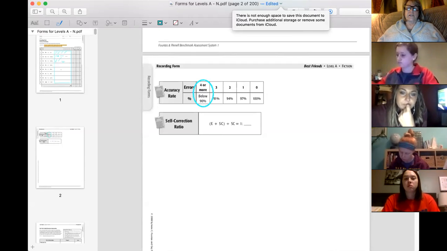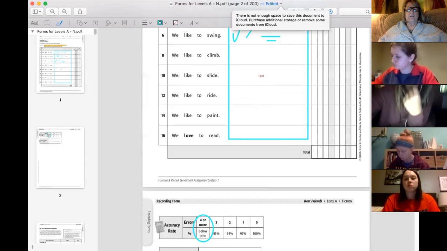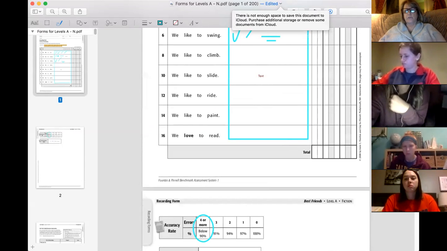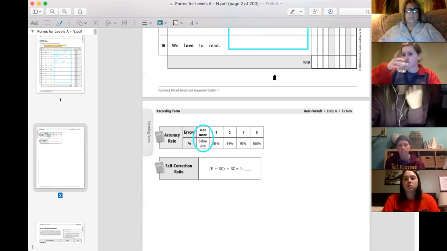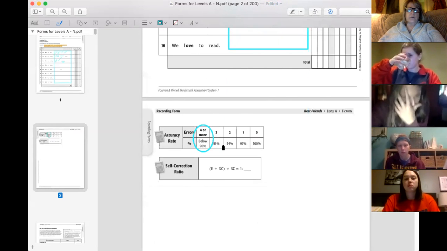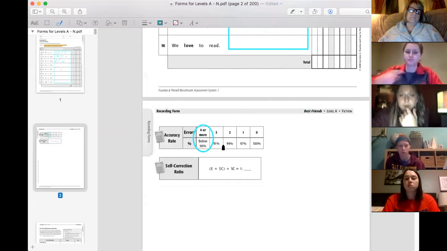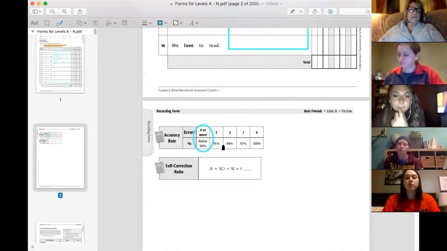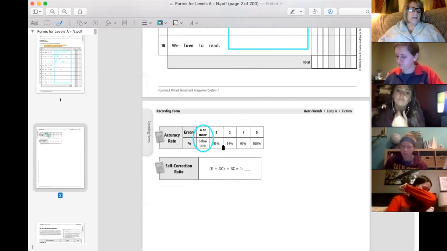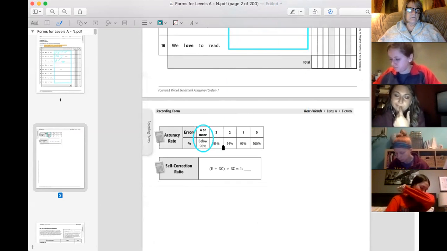So when the child's done reading, you just say, hold on a minute, just go back and count your errors real quick. And you use this form. They're on every page, on every form. And that'll tell you what book you should go to next.